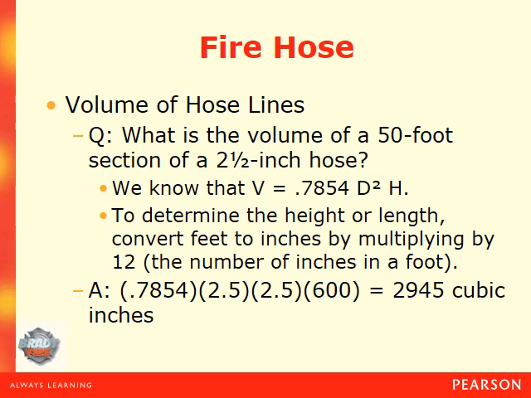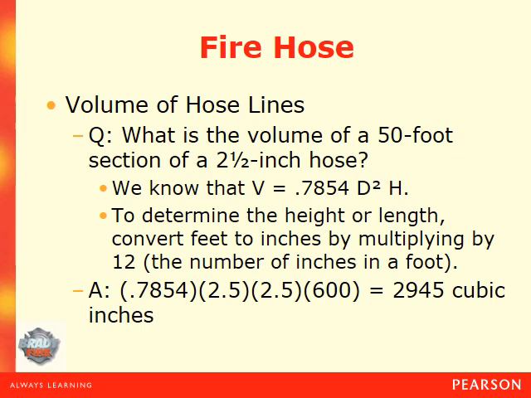So, what is the volume of a 50-foot section of 2.5-inch hose? We know that V equals 0.7854 times the diameter squared times H. To determine the height, or in this case length, because we're thinking about a hose, you have to convert feet to inches. Don't forget that.